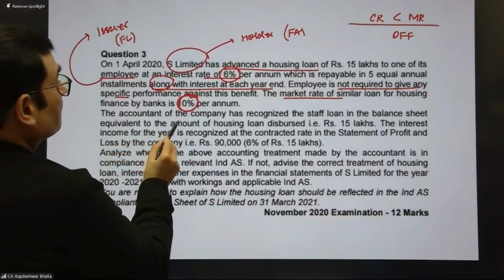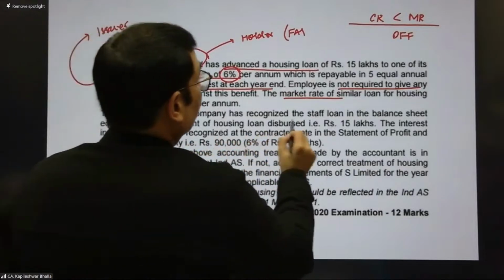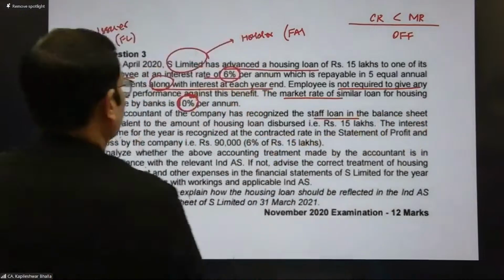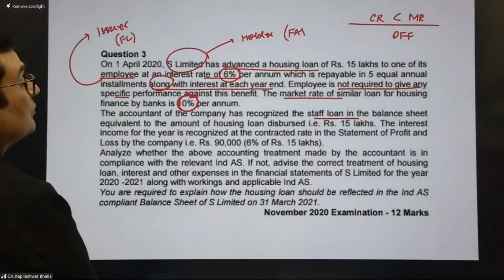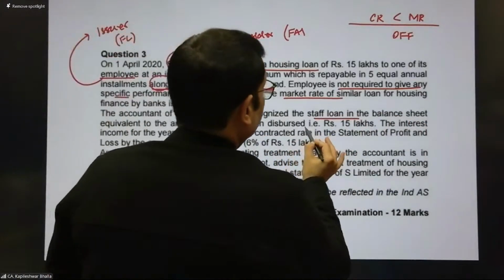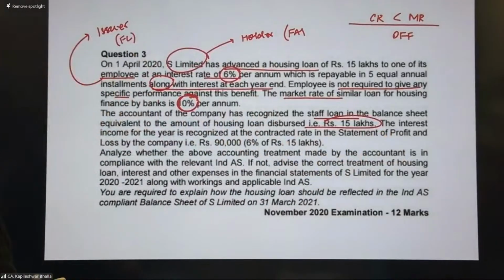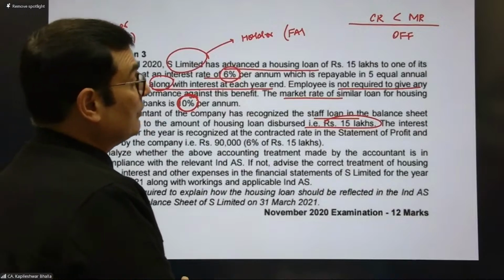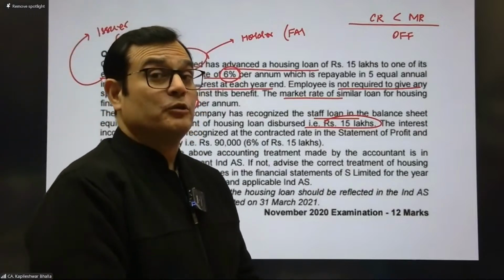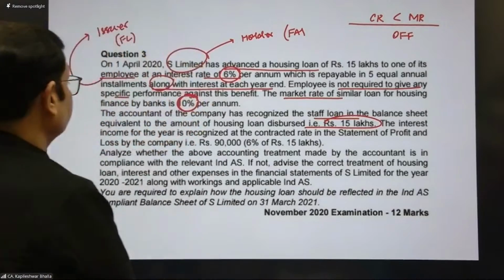The accountant of the company recognized the staff loan in the balance sheet, which is equal to the amount of loan disbursed, that is 15 lakhs. He recorded the loan as an asset at the transaction value itself, and this is incorrect because we need to record the asset at fair value.